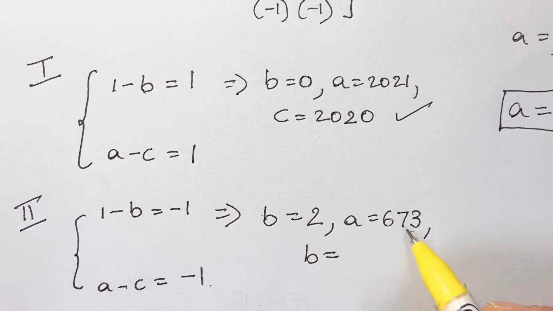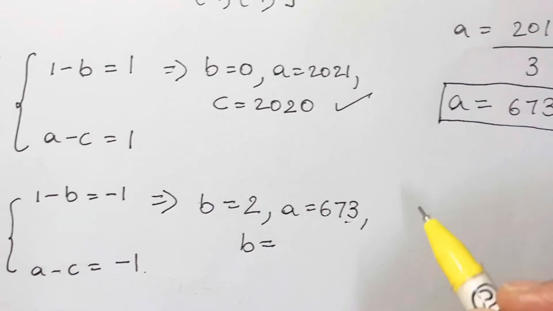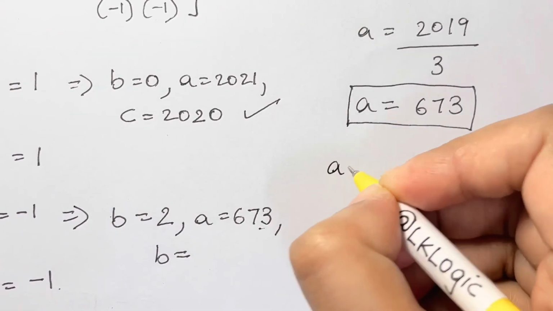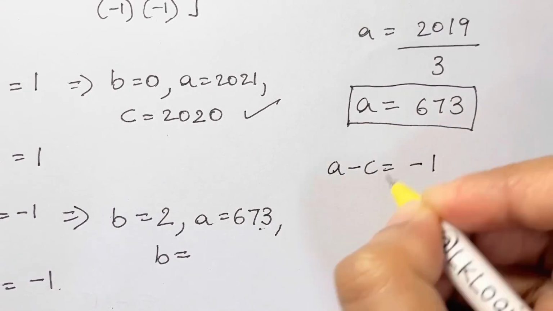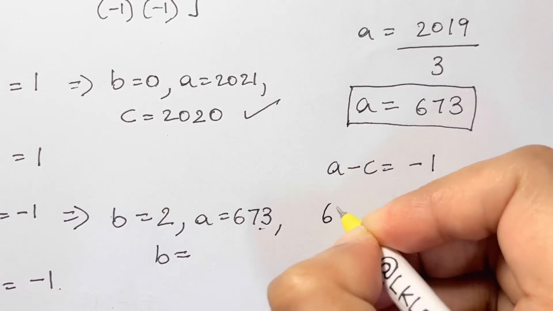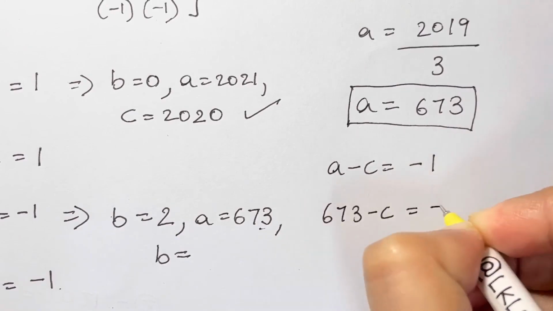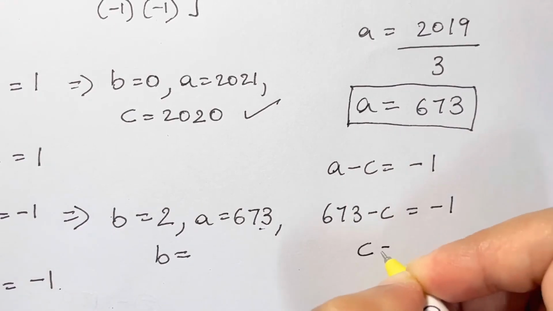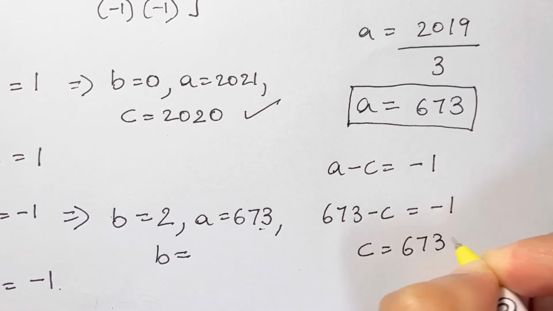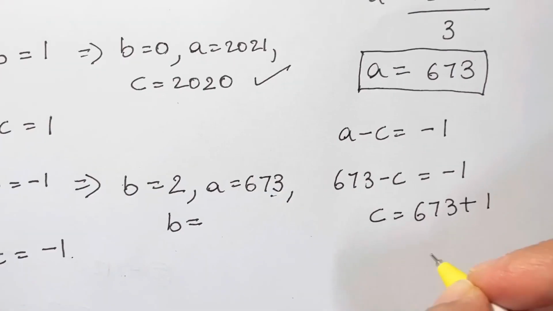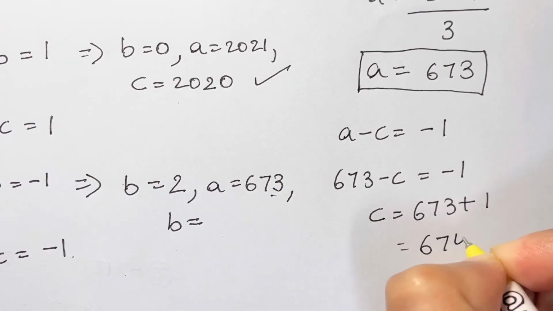We found the value of A, so let's put it in that. A minus C is equal to negative 1. A is 673. 673 minus C is equal to negative 1. So C is equal to 673 plus 1, which is equal to 674.